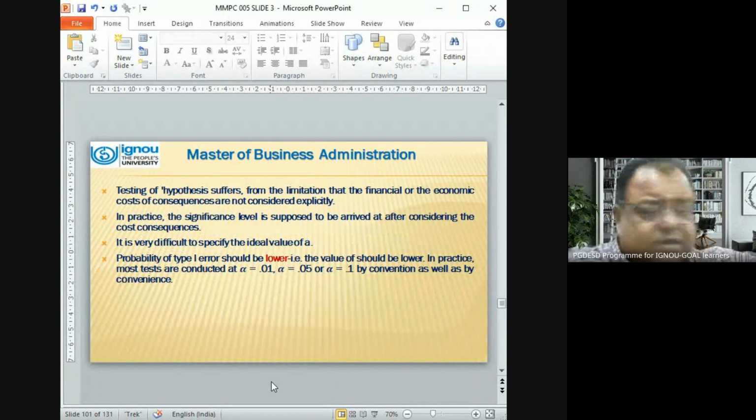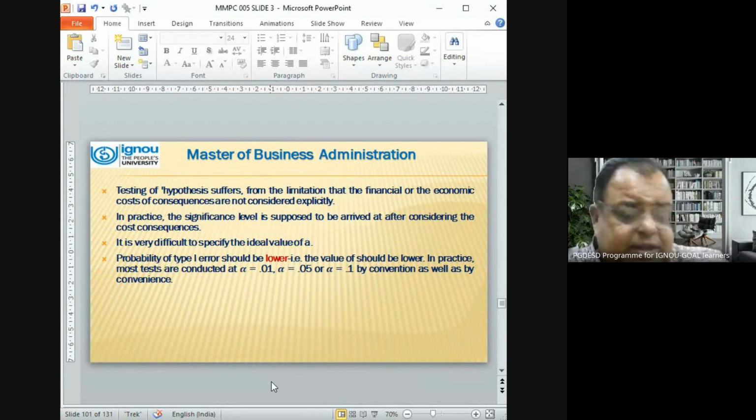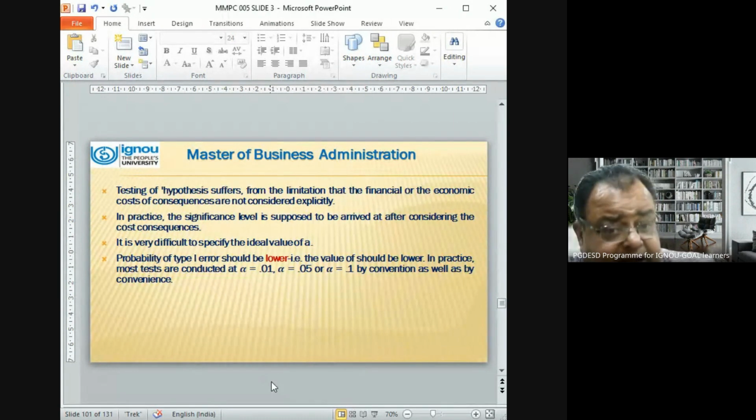Testing of hypothesis suffers from the limitation that the financial or economic cost consequences are not considered explicitly. In practice, the significance level is supposed to be arrived at after considering the cost consequences. It is very difficult to specify the ideal value of alpha.